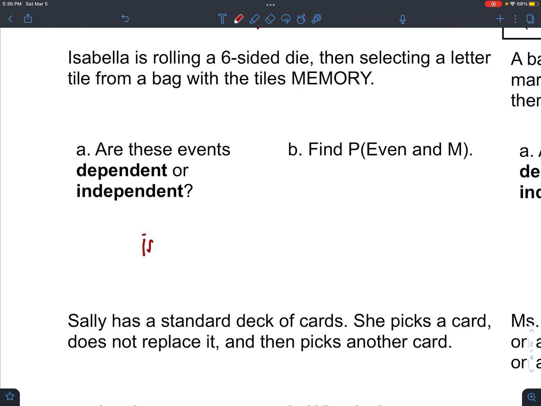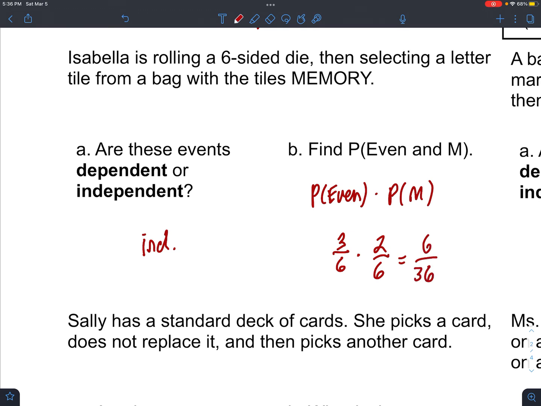One's not going to affect the other. So these are independent. And what's the probability that they both happen? Well, it's the probability you roll an even times the probability you pick an M. So 3 out of 6 times 2 out of 6 is 6 out of 36. So independent events just multiply.